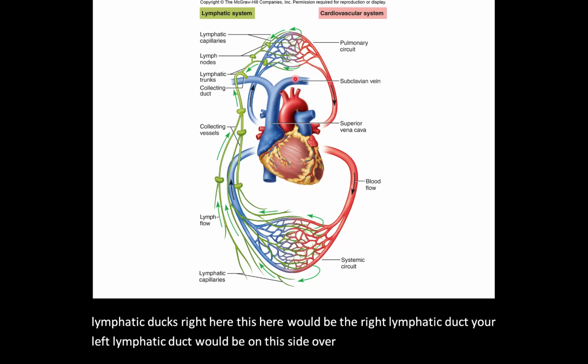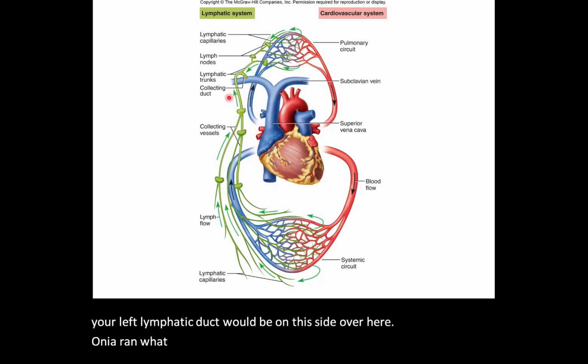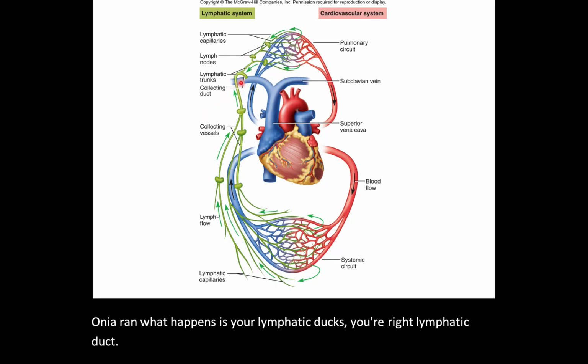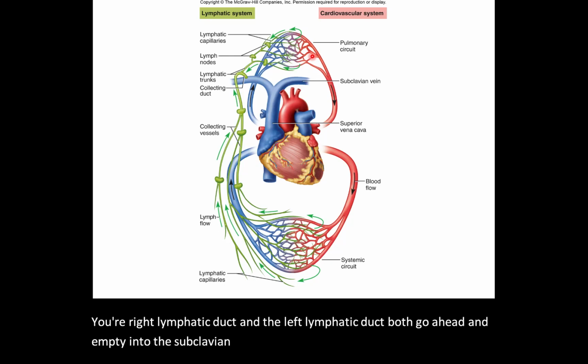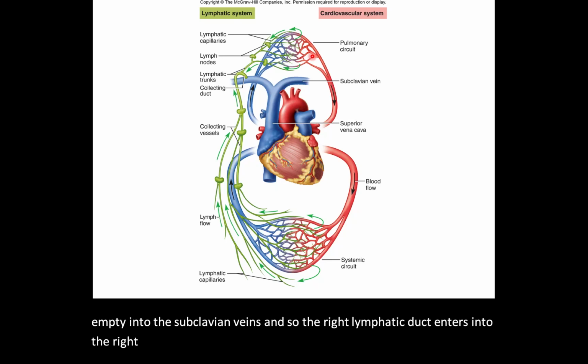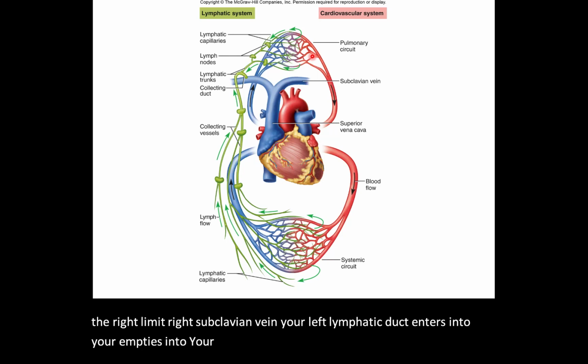What happens is your right lymphatic duct and the left lymphatic duct both empty into the subclavian veins. The right lymphatic duct enters into the right subclavian vein. Your left lymphatic duct empties into your left subclavian vein.